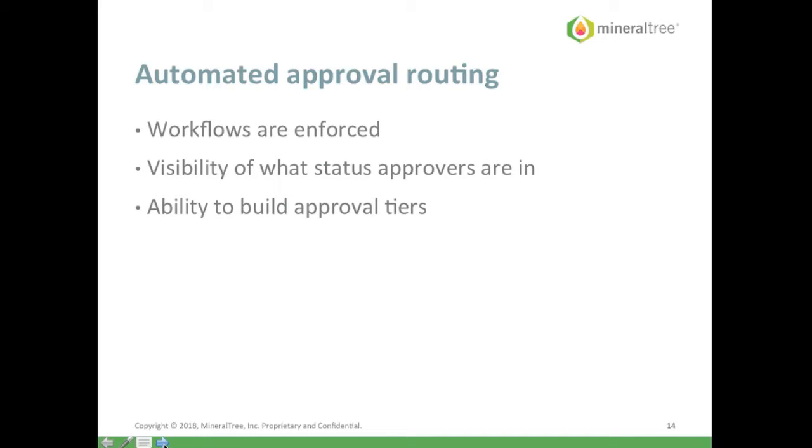You also can see where your invoice is stuck. Is it still awaiting in your approver's inbox? Did they have some more questions about it? Did they reject it for some reason? And then you also have the ability to manage these approval tiers.